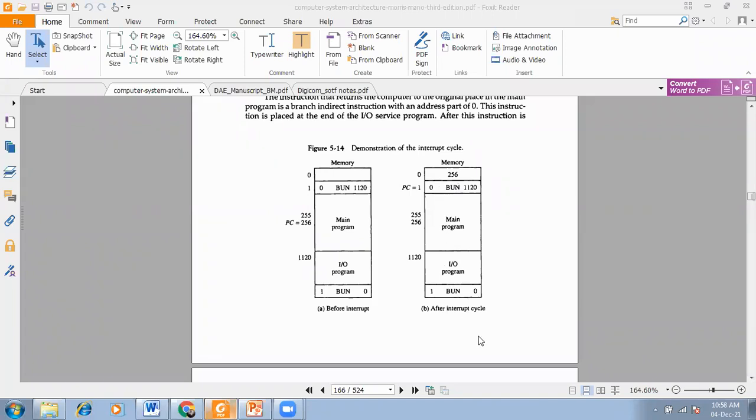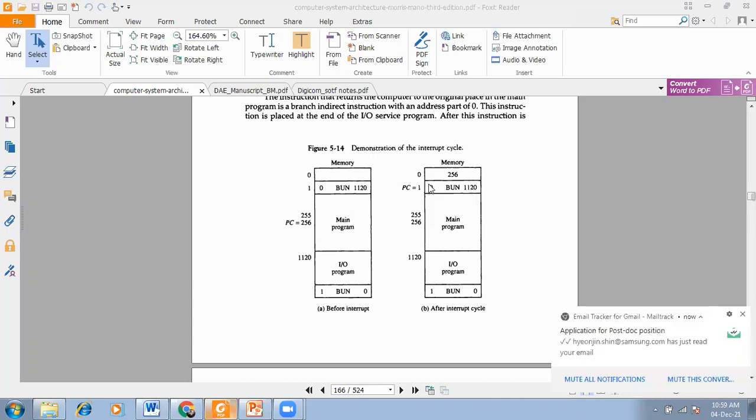Okay, begins its operations. So 0 BUN 1120. Where will it move? It will move to 1120 location. And bit 15 is 0. That means direct addressing. That means you will move directly to 1120 location. Computer control will move to 1120 location because it's direct addressing.